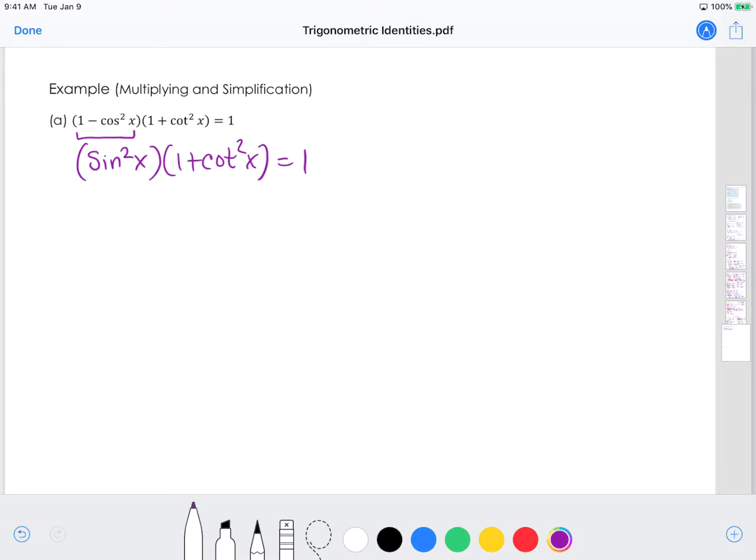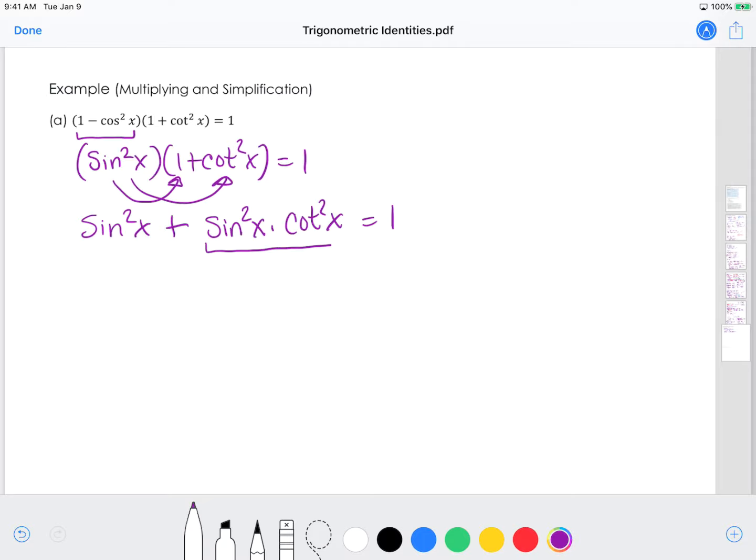So now I'm going to distribute the sine squared x and multiply through. So I have sine squared times 1, so I get sine squared. And then sine squared times cotangent squared. And I want to show that all that is equal to 1. Well, this I can simplify.